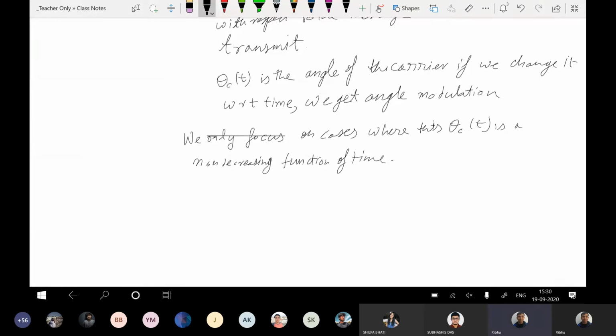So we work under this constraint. Now, given this constraint, how do we change the angle of the carrier signal in proportion to the modulating signal so that we get our message across? Any guesses?